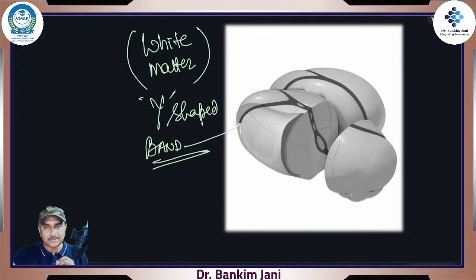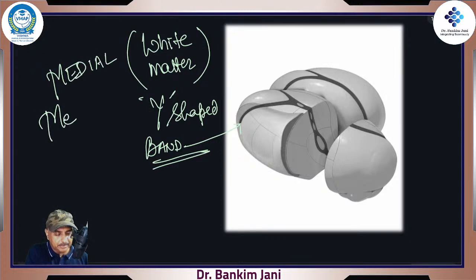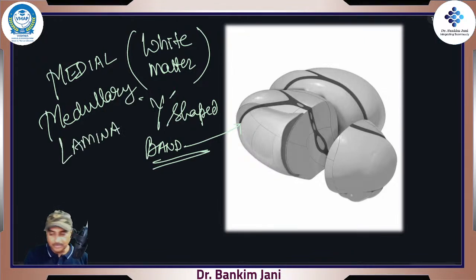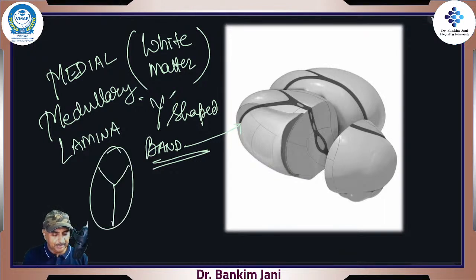Lamina means sheath, right? So it is called the medial medullary lamina. So the easiest explanation: Y-shaped, this is the medial medullary lamina, and then we have the anterior, medial, and lateral groups of nuclei. Now this is like high processor equipment, so it has to be covered.